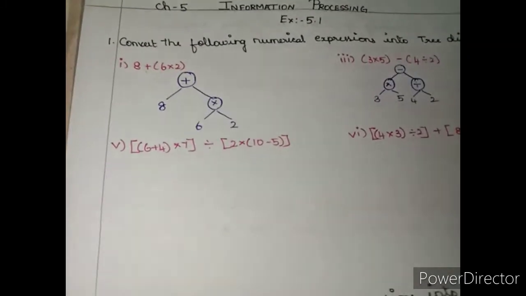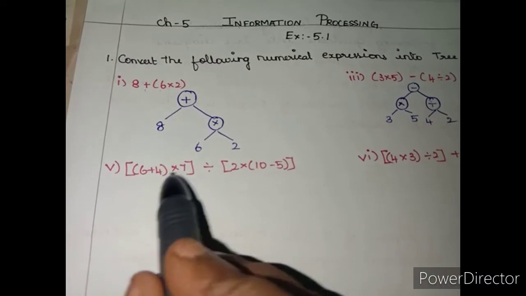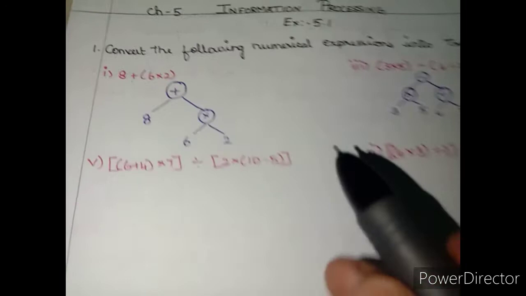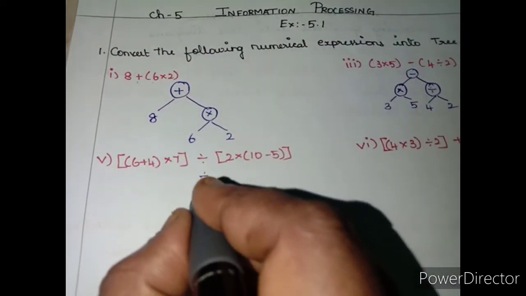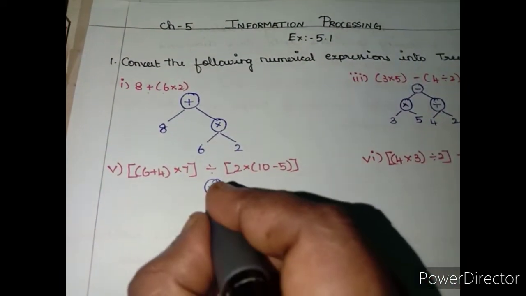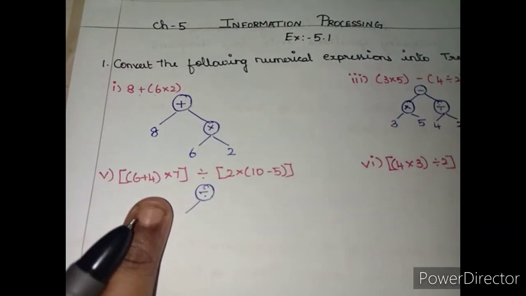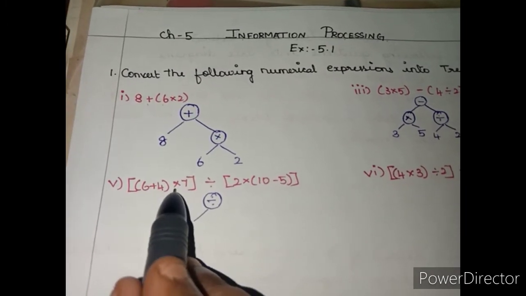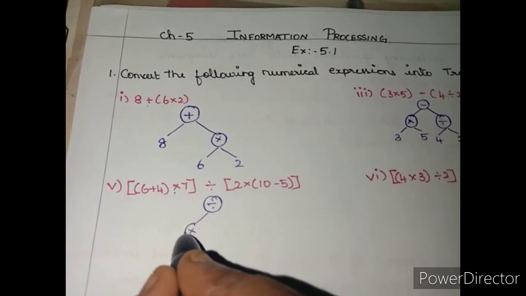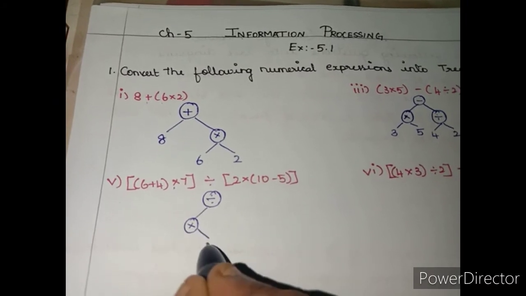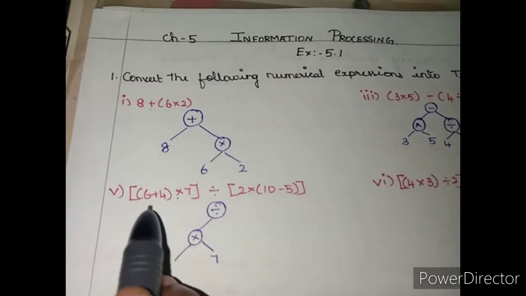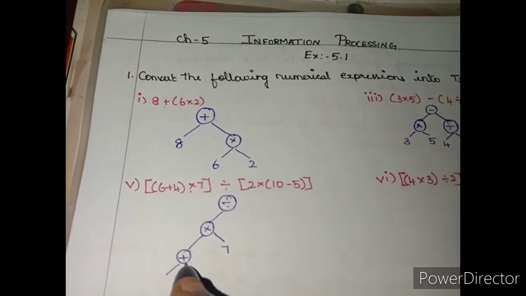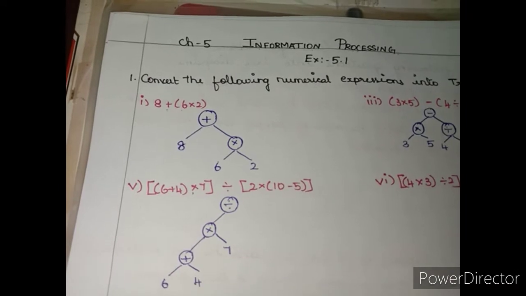The next question: 6 plus 4 into 7 divided by 2 into 10 minus 5. What is the major operation? Division. Is that clear? Next, first we'll finish the left hand side. This is divided by 2. What is the main operation here? Multiplication, 7. Then 6 plus 4, plus is the operation, 6 and 4.